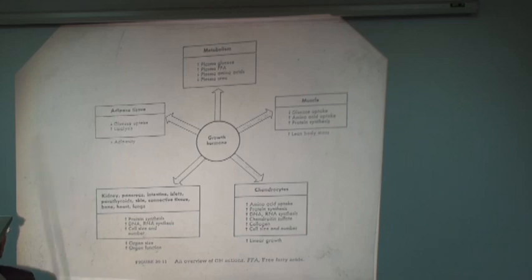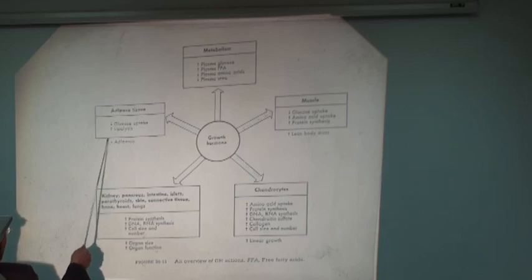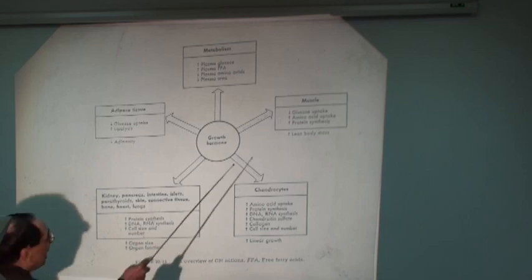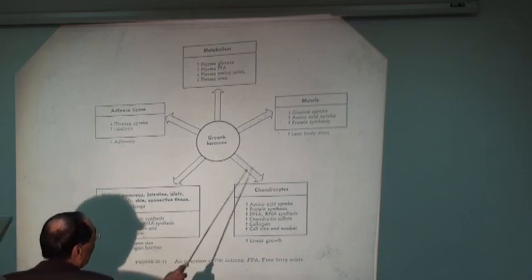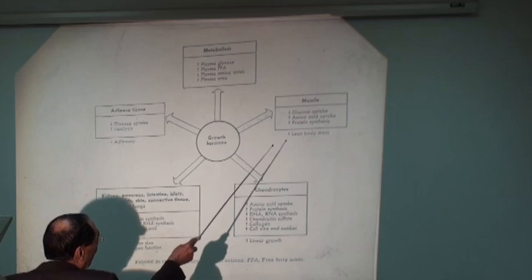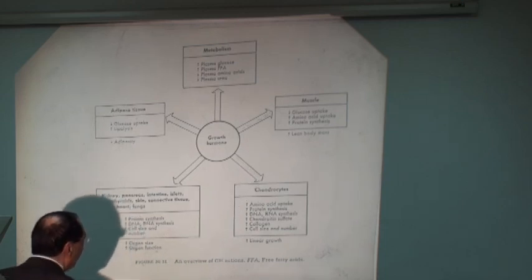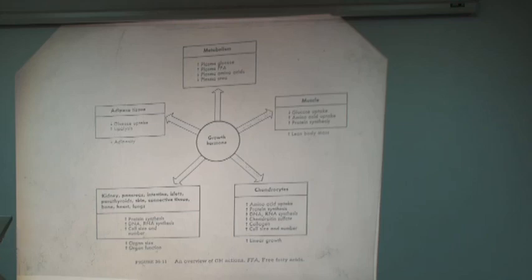And also growth hormone functions on adipose tissue: decreases uptake of glucose, increases lipolysis, so adiposity is decreased. And on the muscle: decrease glucose uptake, increase amino acid uptake, and increase protein synthesis.